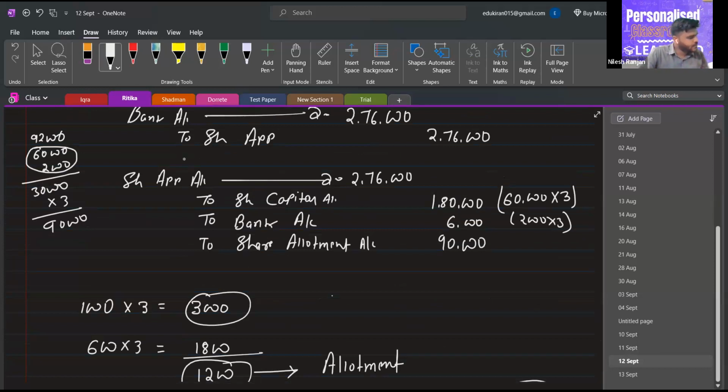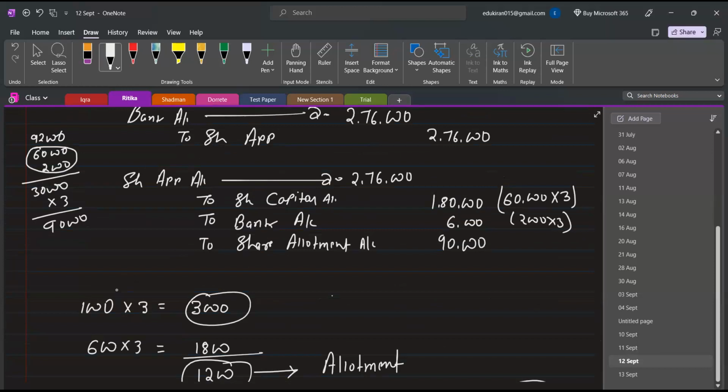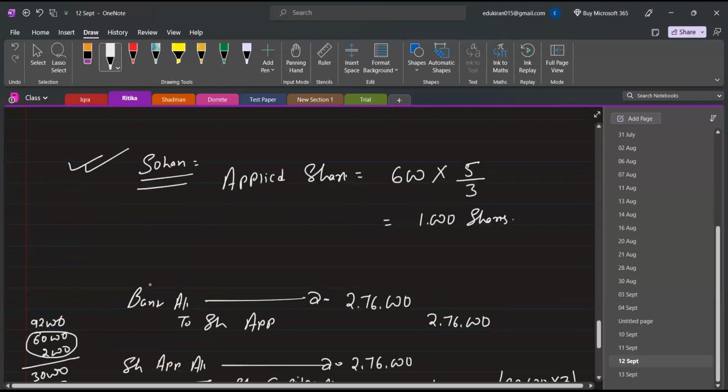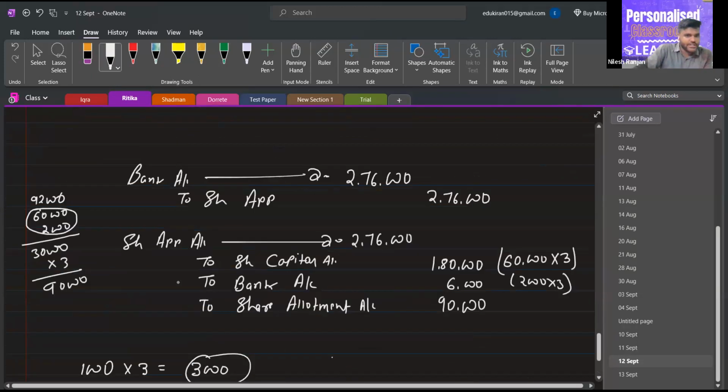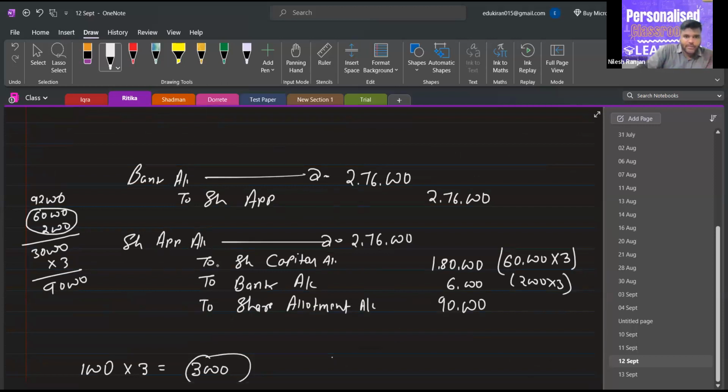Sugandh Limited. Yes, sir. So first entry was bank account debit to share application 2,76,000 and share application to share capital, to bank and to share allotment.